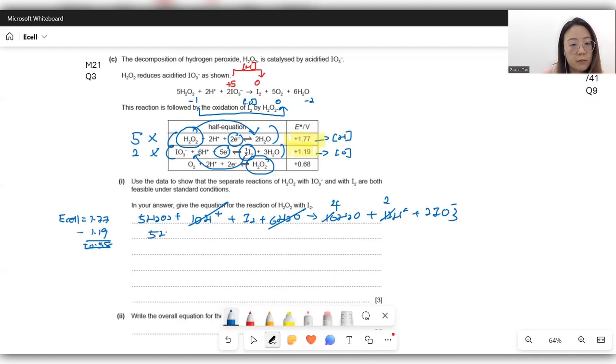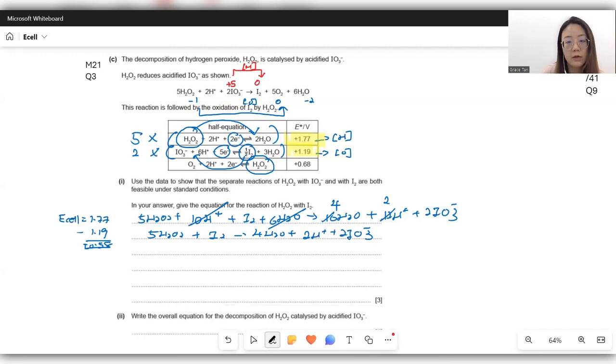After balancing and simplifying it, I will land with something like this. So this is the first redox between hydrogen peroxide and iodine. The question says reaction between hydrogen peroxide and iodine, and I already answered.